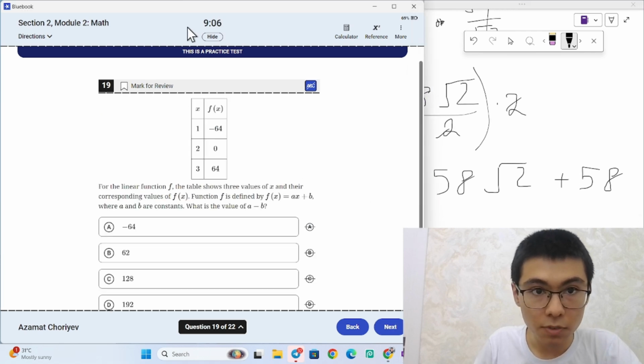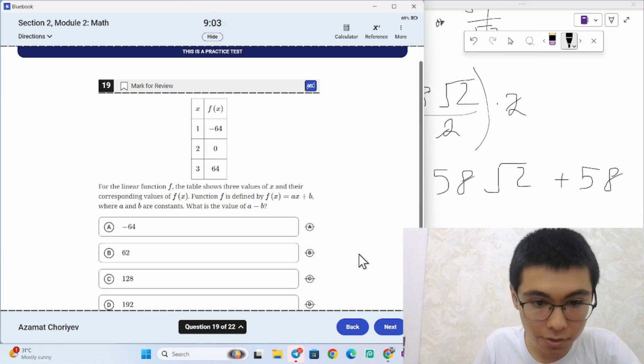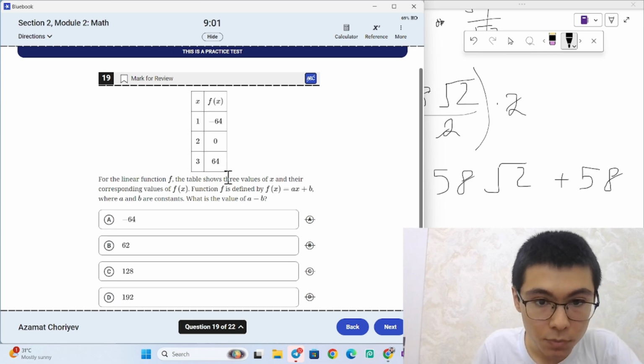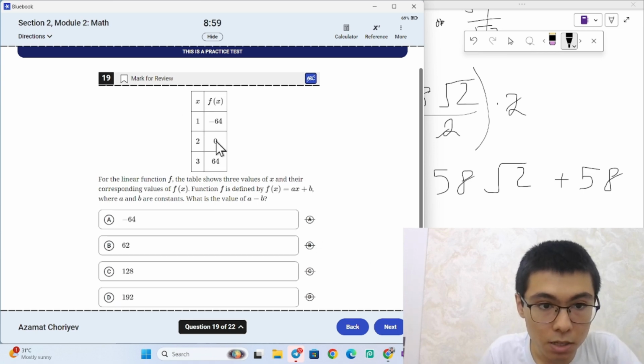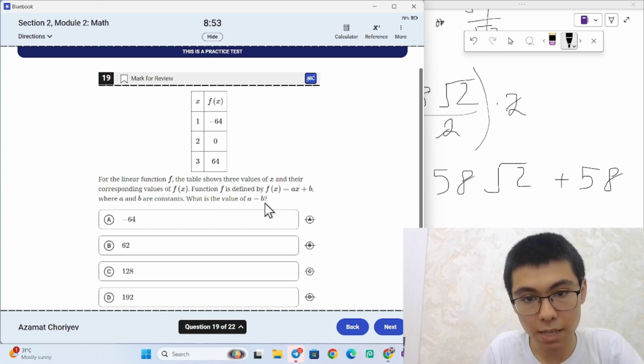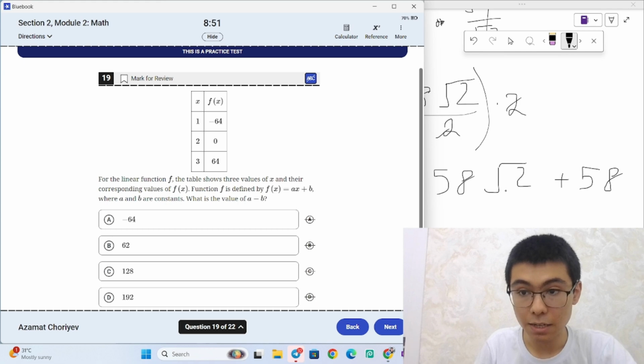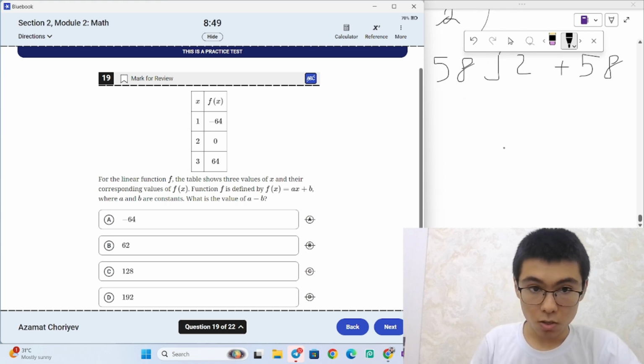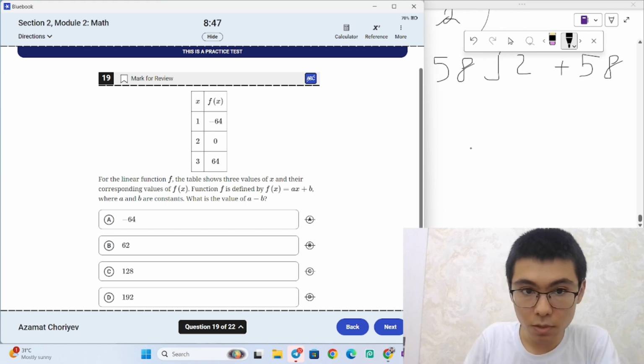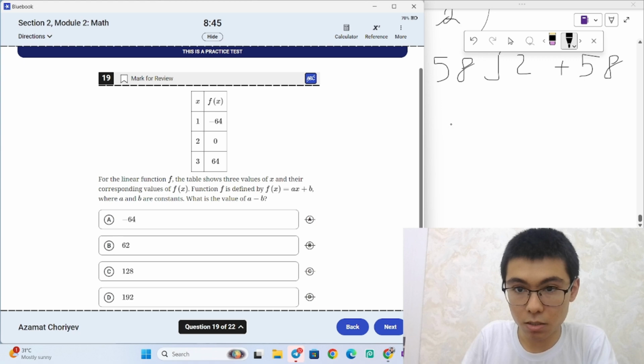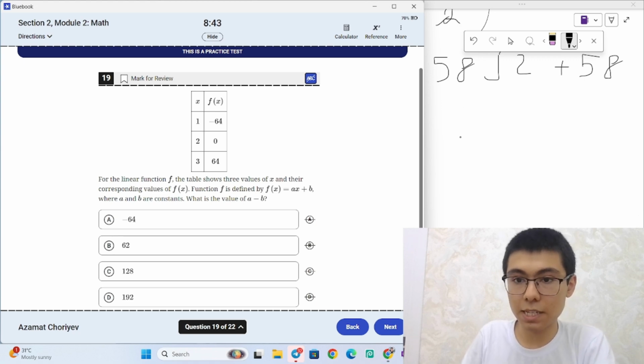So let's move on. We have 9 minutes left and we have 3 questions left. Okay, so we have a linear function, and we need to find a minus b. a is the slope, b is the y-intercept. So we're going to first find the slope.